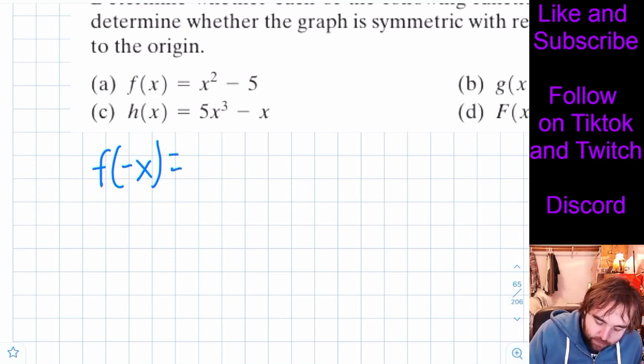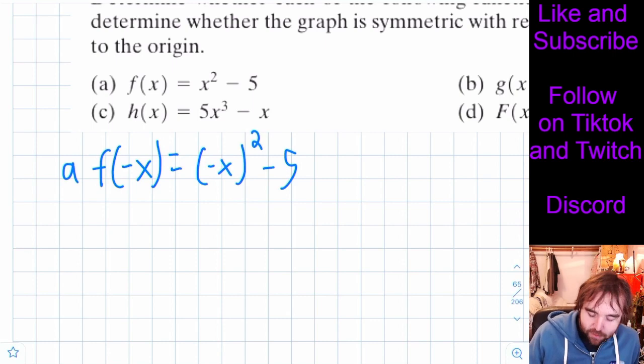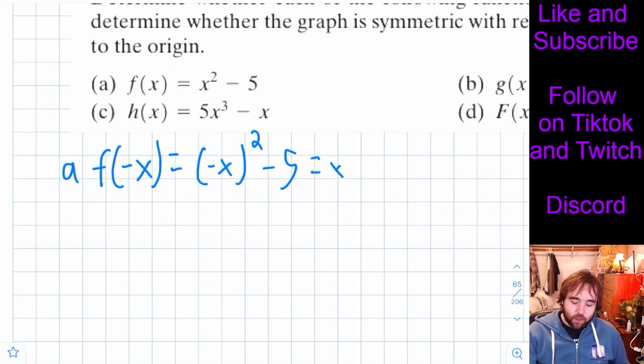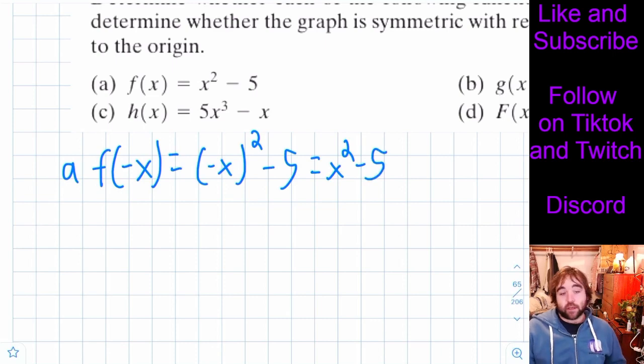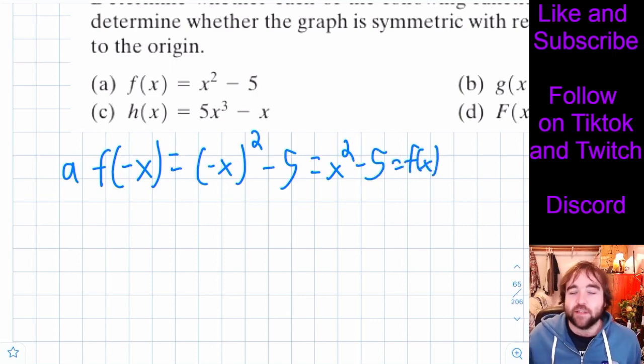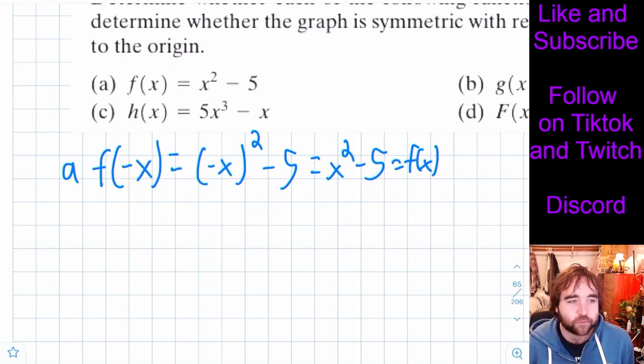And so if we find f of negative x, that's negative x squared minus 5. So negative squared becomes positive again. So we just end up with x squared minus 5, which is simply the original function. So that means that this is an even function.